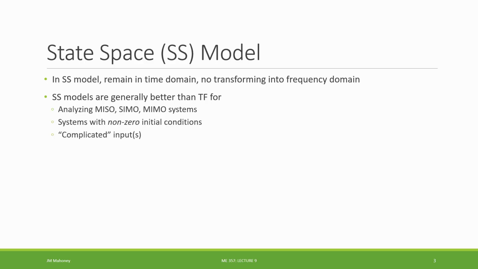So if we have an input that is not easy to take the Laplace transform of, then it might not be as easy to use in a transfer function method of modeling the system. Whereas with state space, when we solve these systems numerically, the complication of the input is not going to be a major concern.